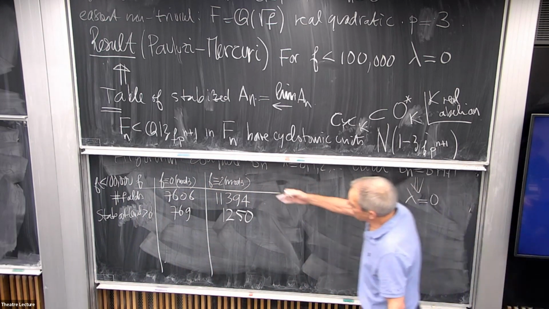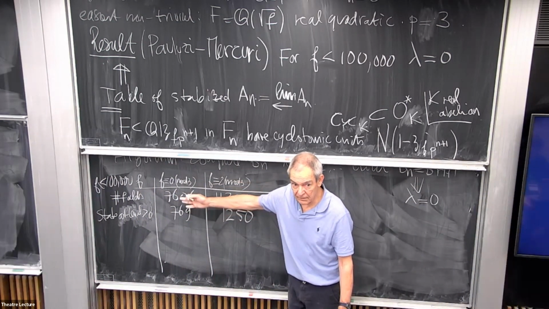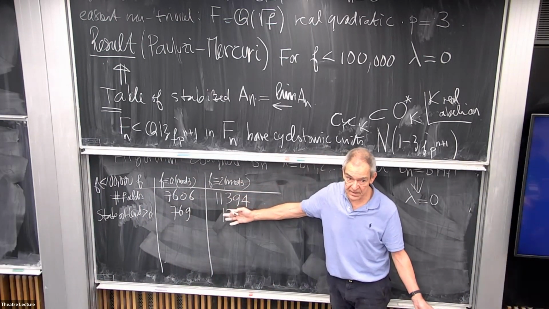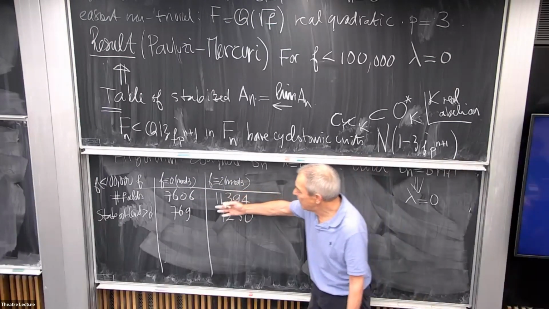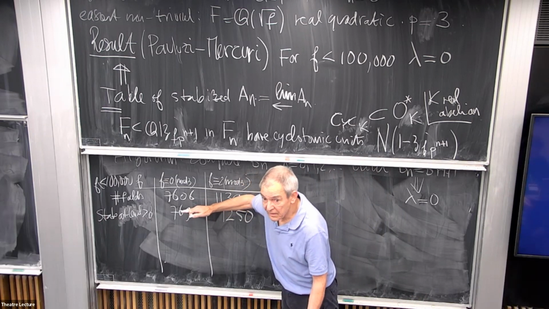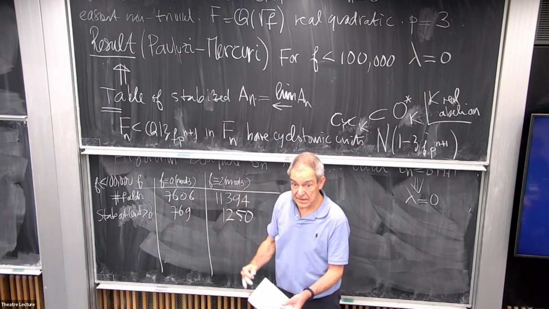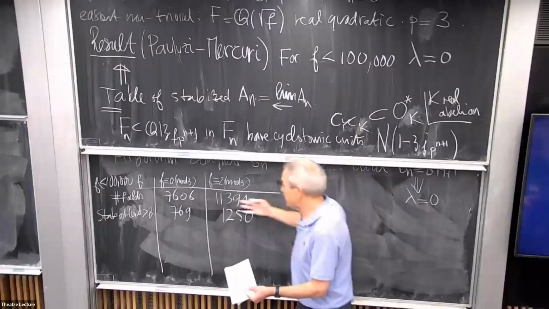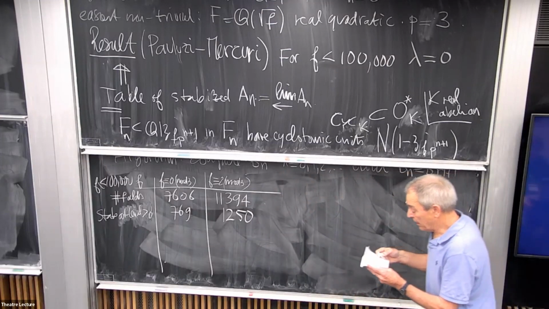And you see this is about 10% that remains. That's the Cohen-Lenstra heuristics in this case. They predict that in about 11% or 10%, the class number of the real quadratic field is divisible by 3. So this is nothing new.